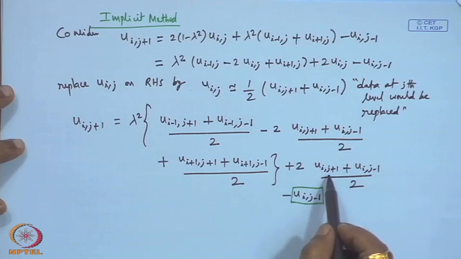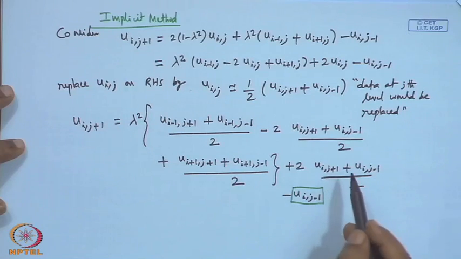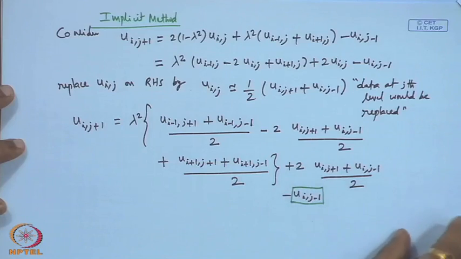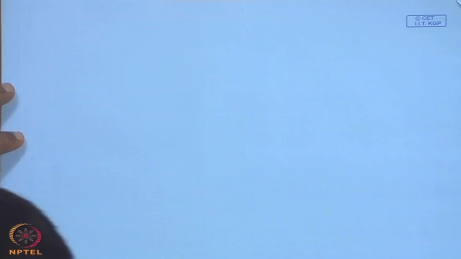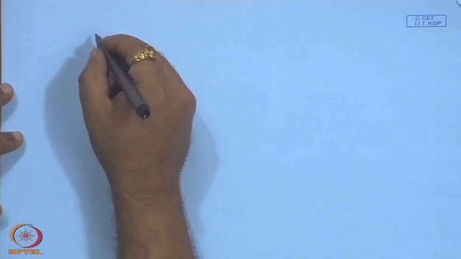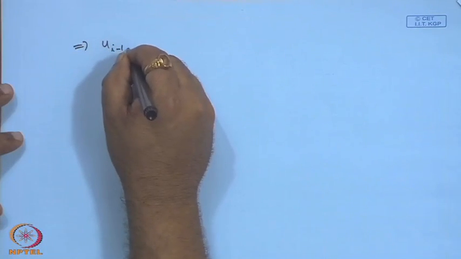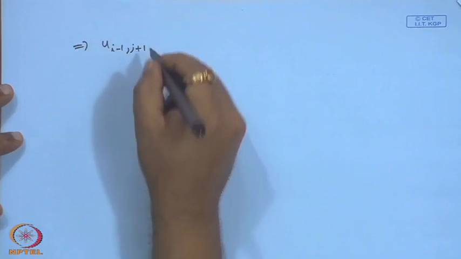Let us see, u i j plus 1, u i j plus 1. So, we do not have any. Okay. So, this reduces to u i minus 1 j plus 1.